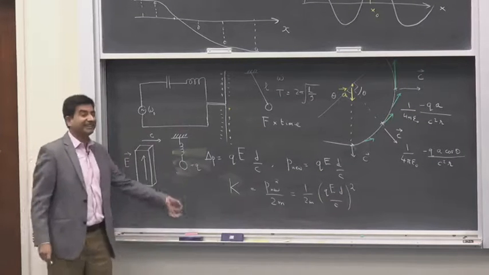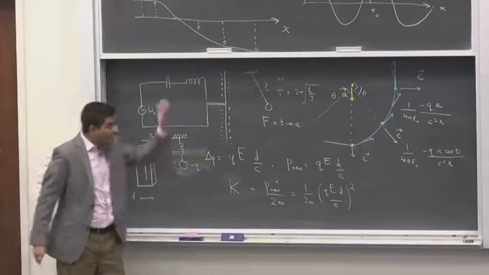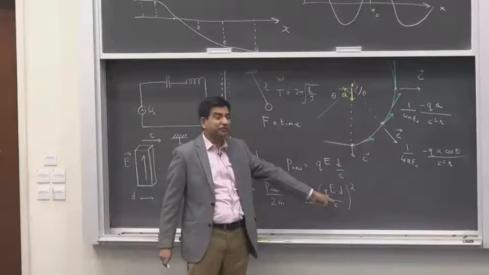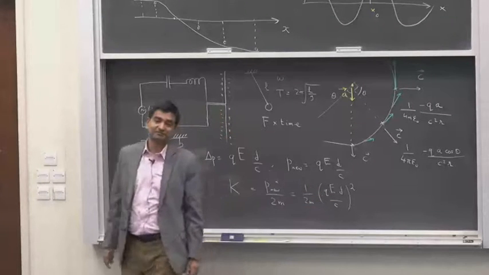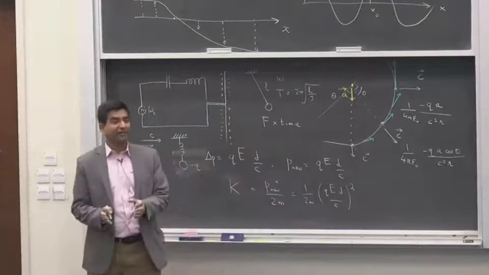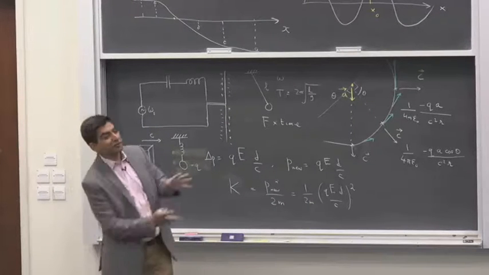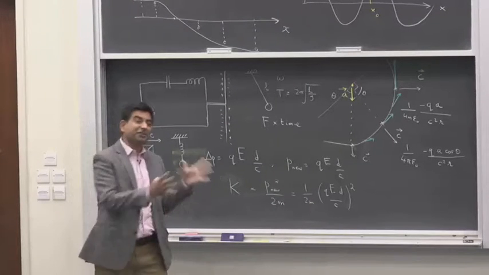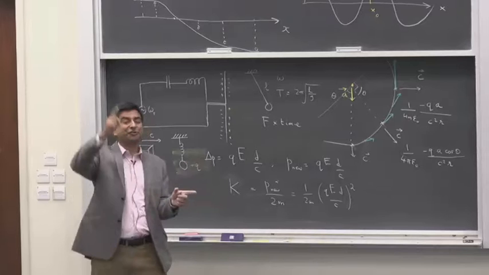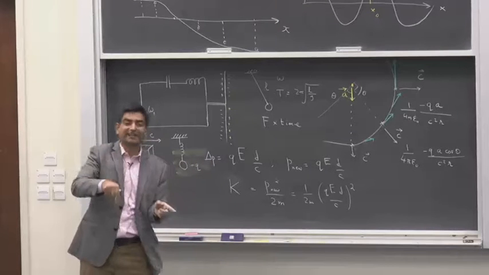So this particle gains energy. That energy is proportional to the square of the electric field. So this reservoir of energy imparts energy to a charged particle. The energy that it imparts is proportional to the square of the electric field inside it.